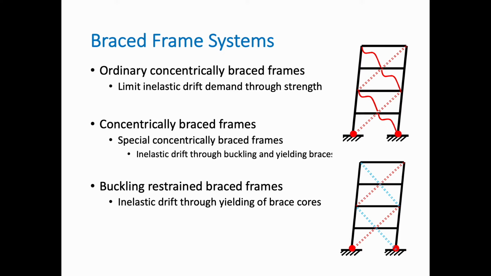So these are of course more expensive, but they have the capacity for large inelastic drifts. Again, when we design those, we have to limit the inelastic drift to a certain degree, beyond which the BRB will not be of any use anymore.